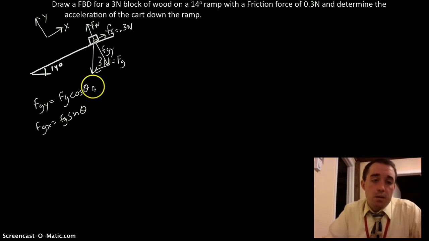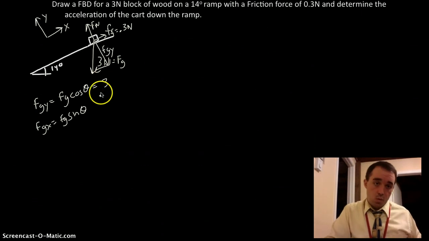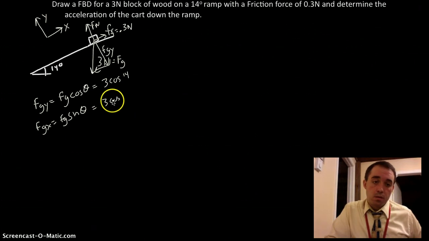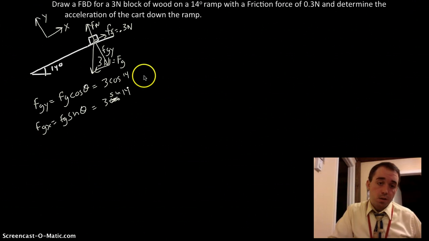So our Fgy, we want to solve for. Fgy is going to be 3 times cosine of 14 degrees, and Fgx will be 3 sine 14 degrees. So we got 3 cosine 14. 3 cosine 14 is 0.7273.